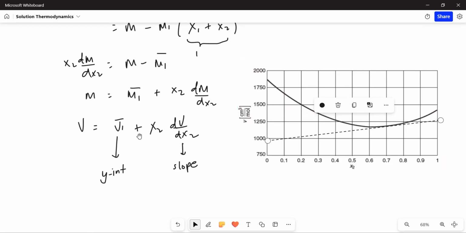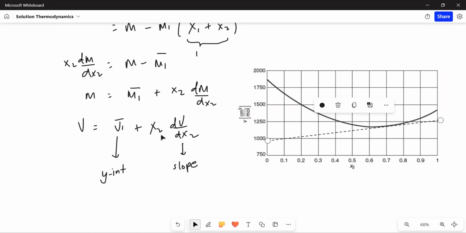If we want to get the y-intercept, which corresponds to our partial molar volume, we simply need to draw a tangent line at the x2 of interest.